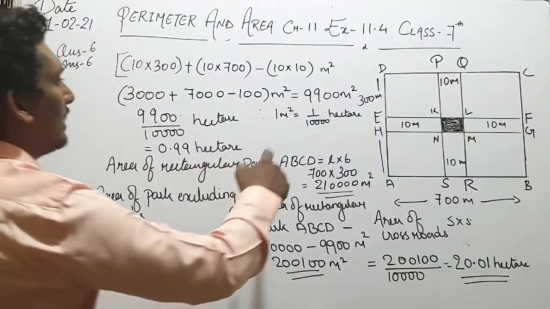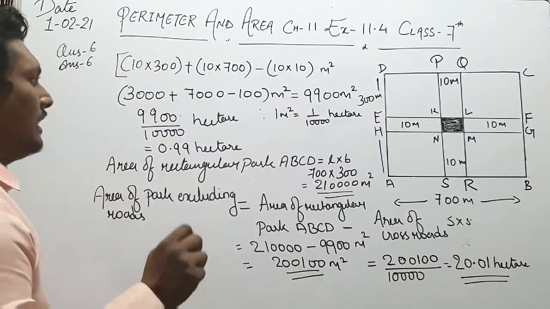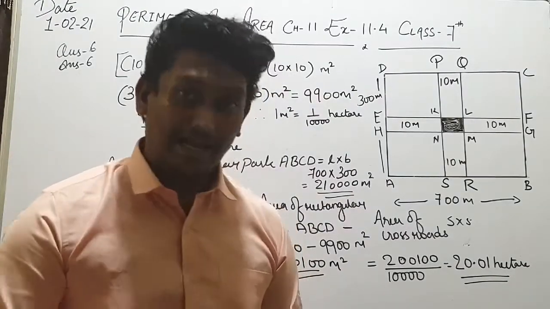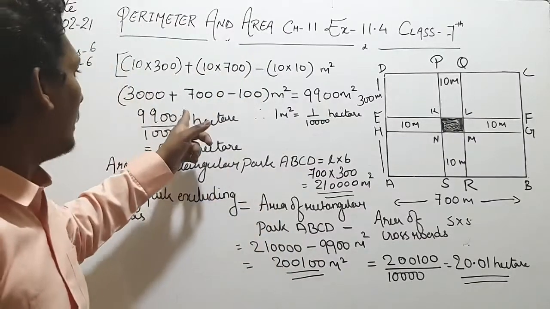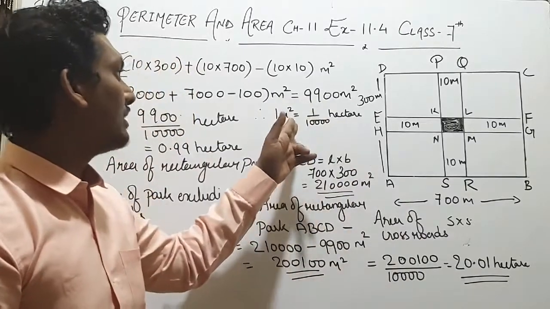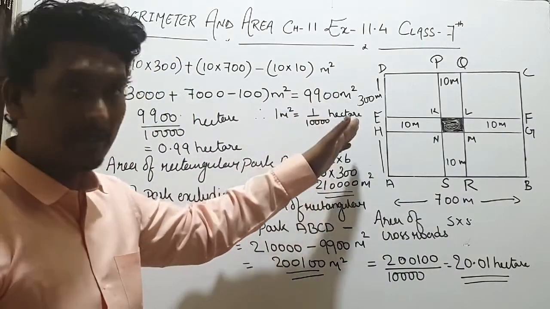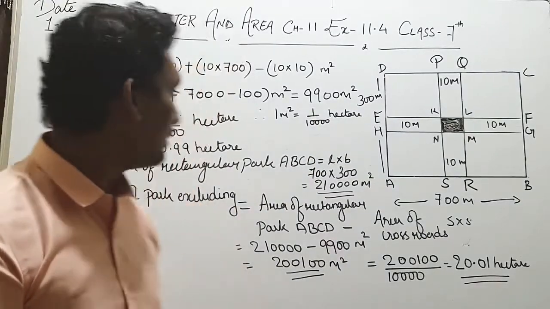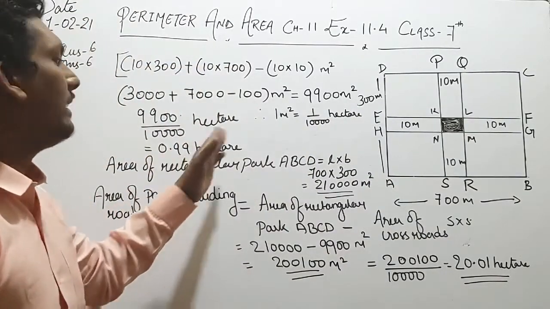So we get 9900 meters square. Since in the question it is given that we have to find the answer in hectares, one hectare is equal to 10,000 meters square. So 1 meter square is equal to 1 by 10,000 hectares. So just divide this 9900 by 10,000. So we get 0.99 hectares.